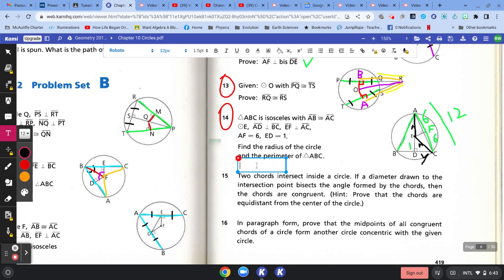So for the tall one, we know that 12 squared is going to equal (R plus 1) squared plus Y squared.